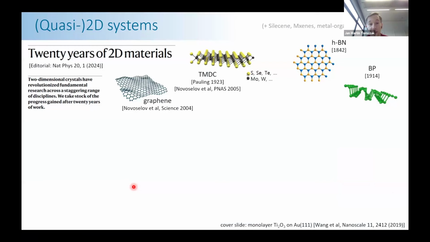Twenty years ago, this whole field opened up a new direction with the advent of the exfoliation techniques that allowed the synthesis of really freestanding 2D systems like graphene and transition metal dichalcogenides.